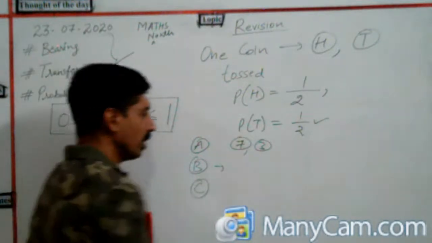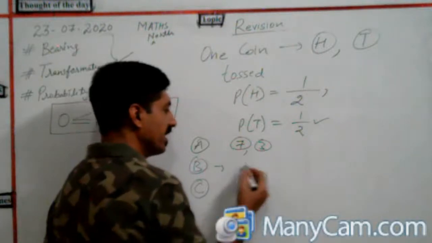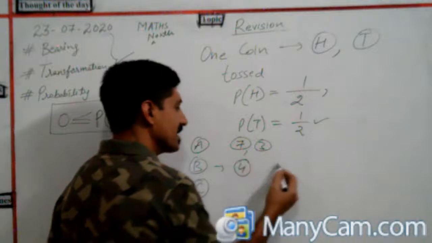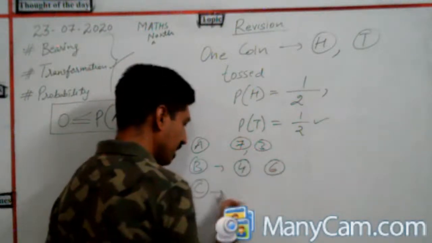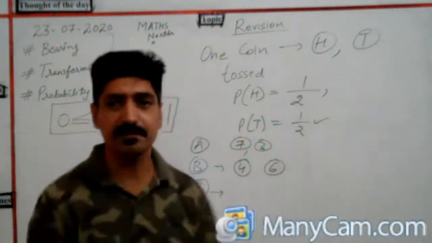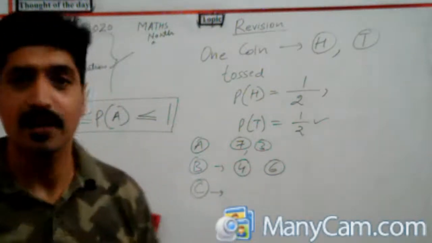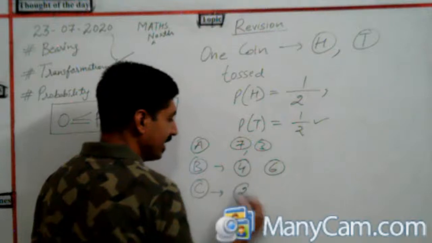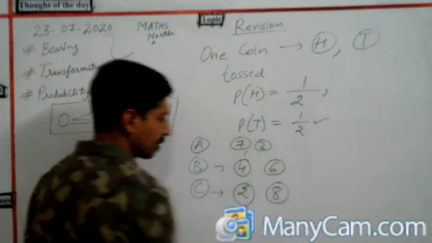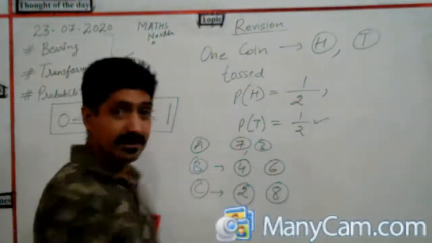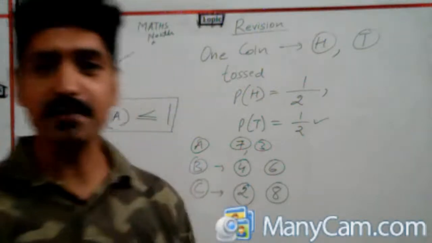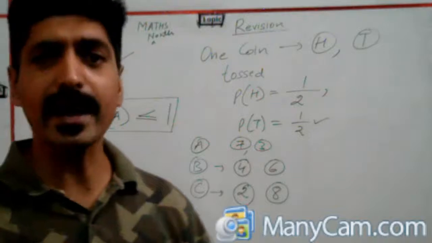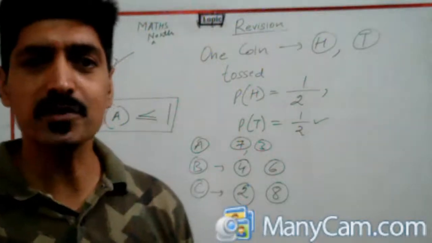If any one of you are doing it, it may be that four times head and six times tail. There may be some students who get 5 times head, 5 times tail. Or even one may get 2 times head and 8 times tail. Or even it may be that all 10 times one is getting head. So anything can happen. We cannot say anything.